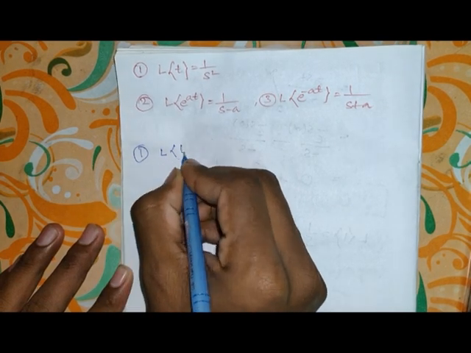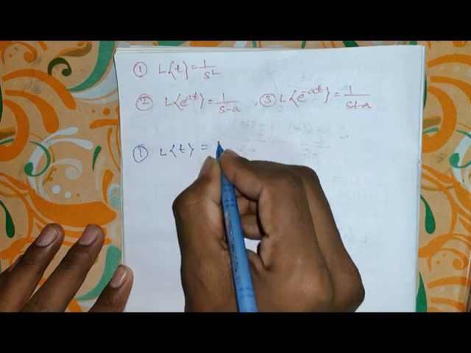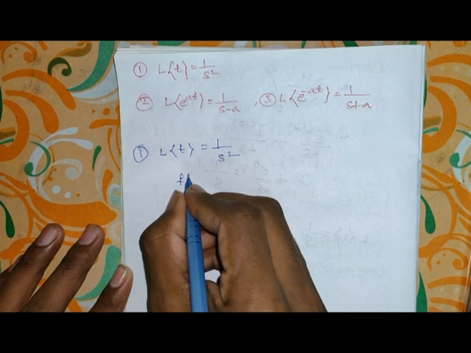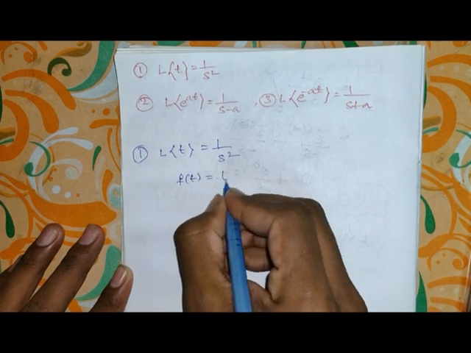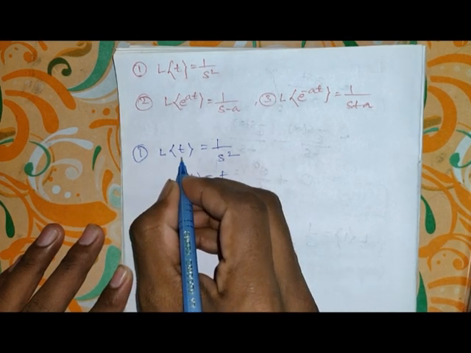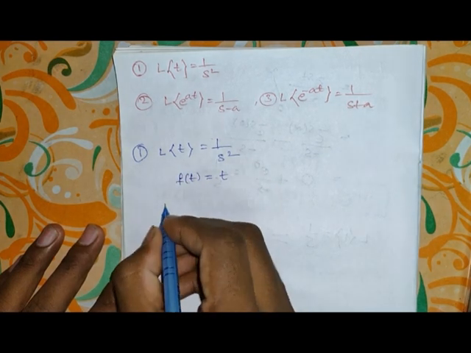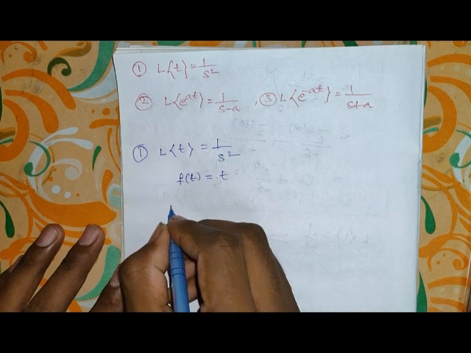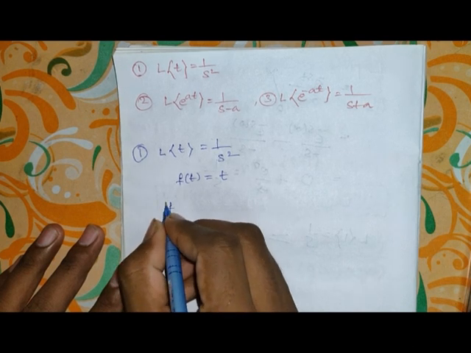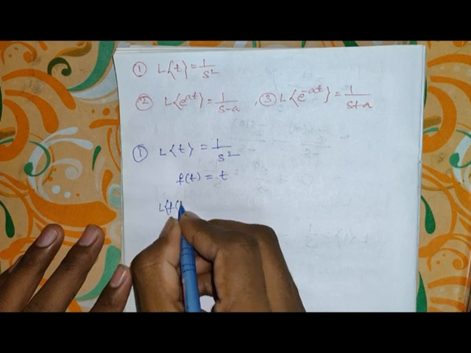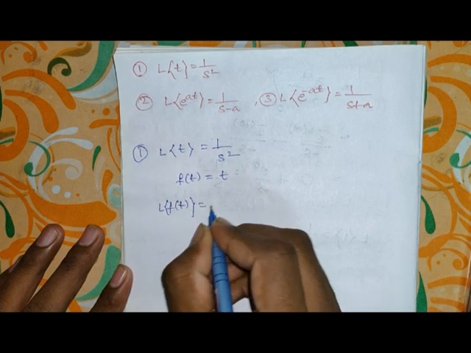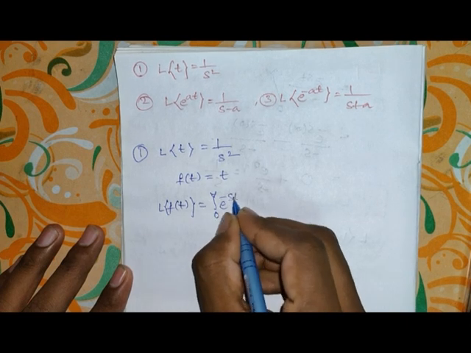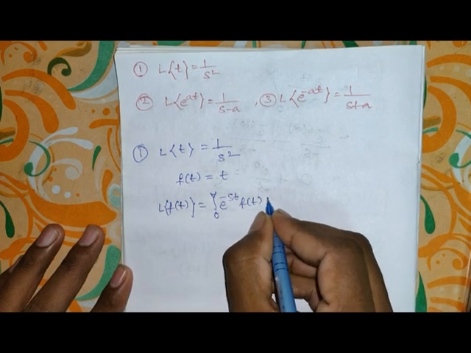Laplace of t equal to 1 by s square. We have to prove this. So f of t equal to t. Already in the previous class I told you that Laplace of f of t equal to integration 0 to infinity e^(-st) f of t dt.